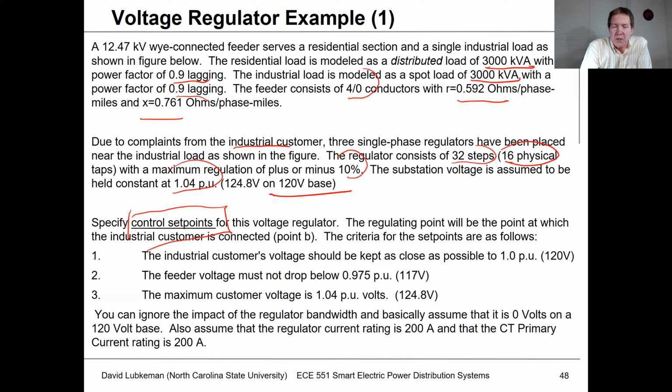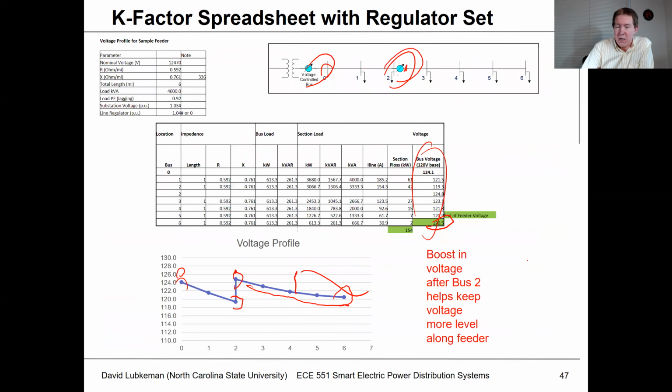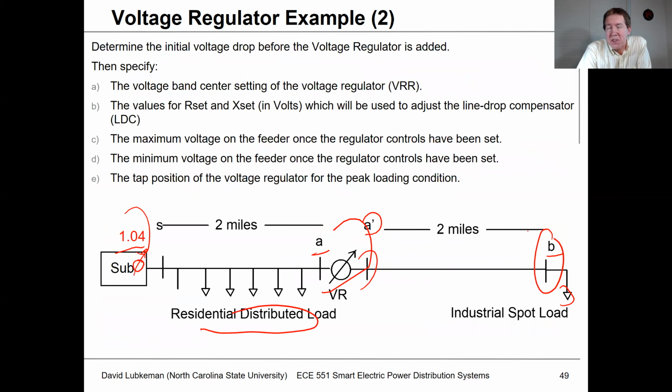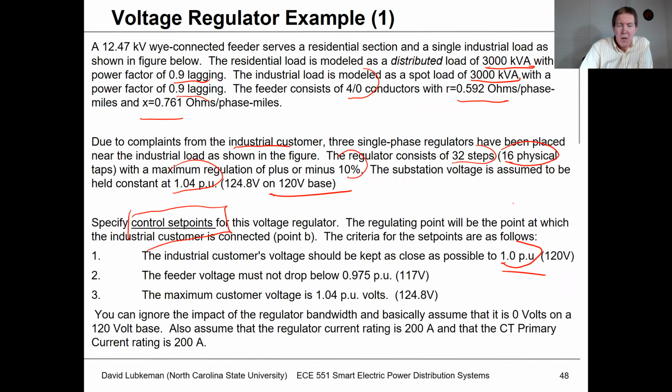We want to keep the voltage at the industrial customer as close as we can to 1 per unit. That's the goal: we want to get 1.0 here regardless of the loading condition.